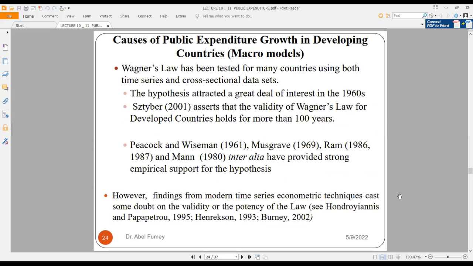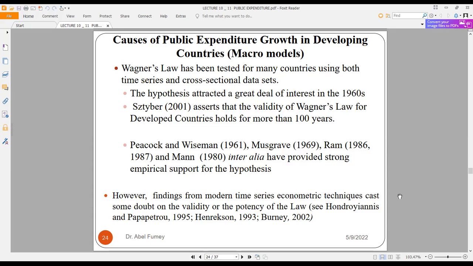All right. Now, per empirical evidence, Wagner's law has been tested, and according to some literature, it holds for more than 100 years. So they gathered time series data over a span of 100 years, and they saw that yes, there was an increase in government expenditure, and it was attributed to the factors that we have discussed.